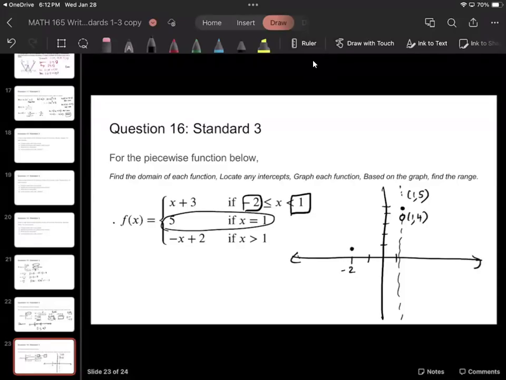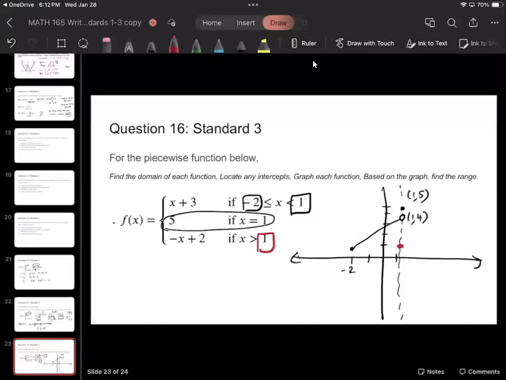So this is my first piece. The second piece is just a point. The third piece starts at 1. When x is 1, -1 plus 2 is 1, right? So I have (1, 1).